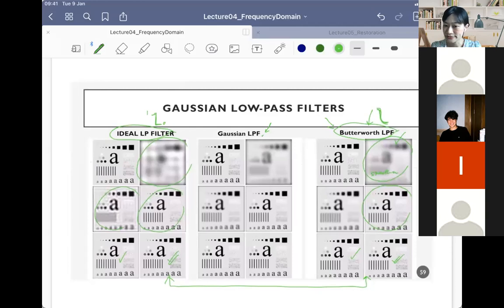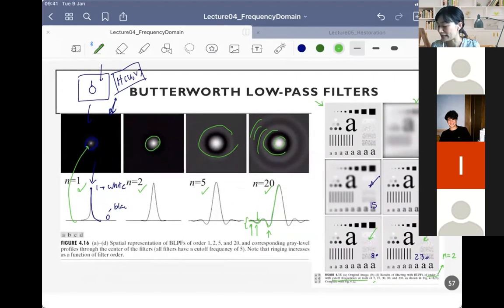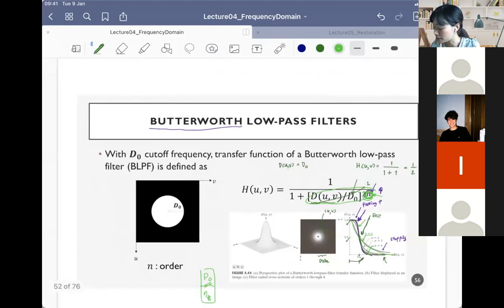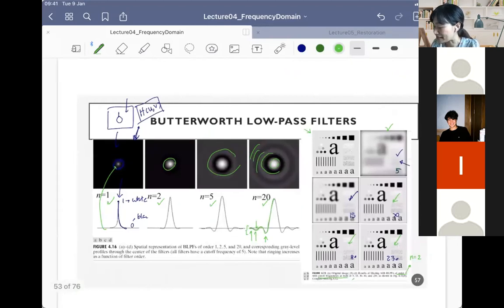Your friend is asking about this slide 57. How can it become minus? I think it's actually not minus. If you use this formula, you calculate it using different cutoff frequency and different D and different N. I think you will not get the 0 value.